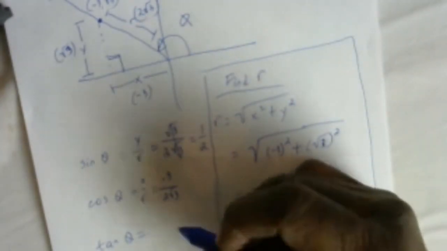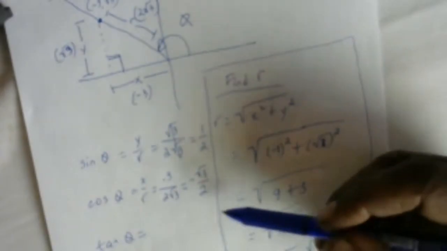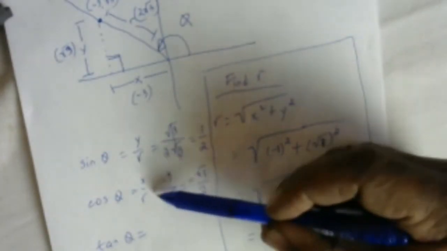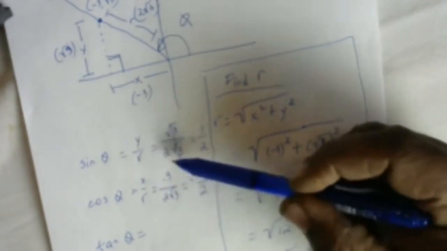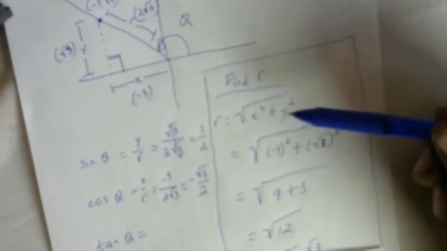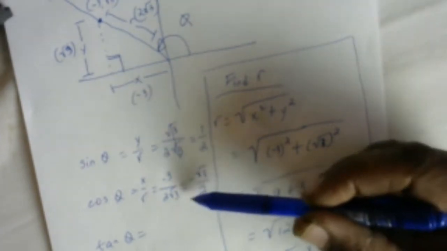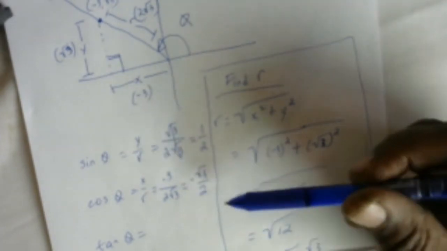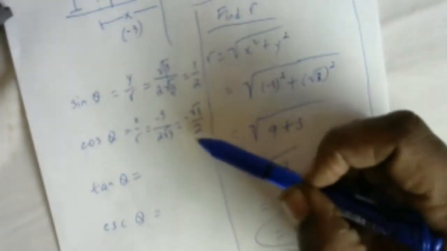So the cosine of theta is negative square root of 3 over 2. Now I believe if you put this in, it'll tell you that you have the right answer, but it's not in the correct form. That means you must rationalize the denominator. All right. So any questions about this cosine?